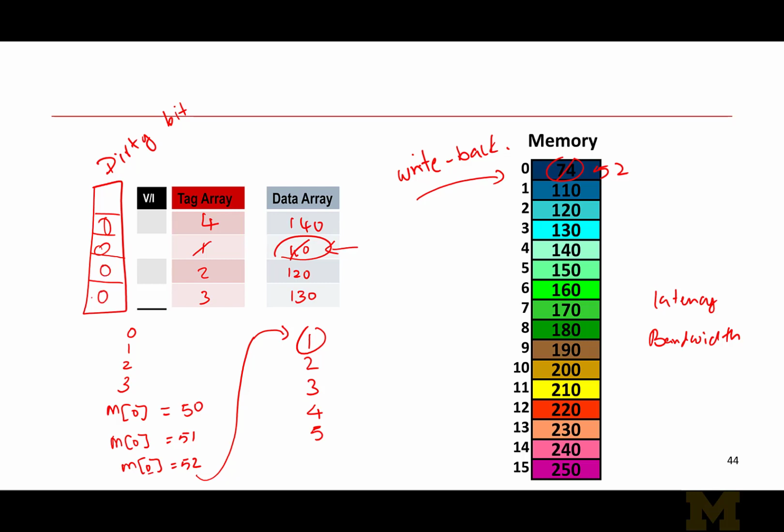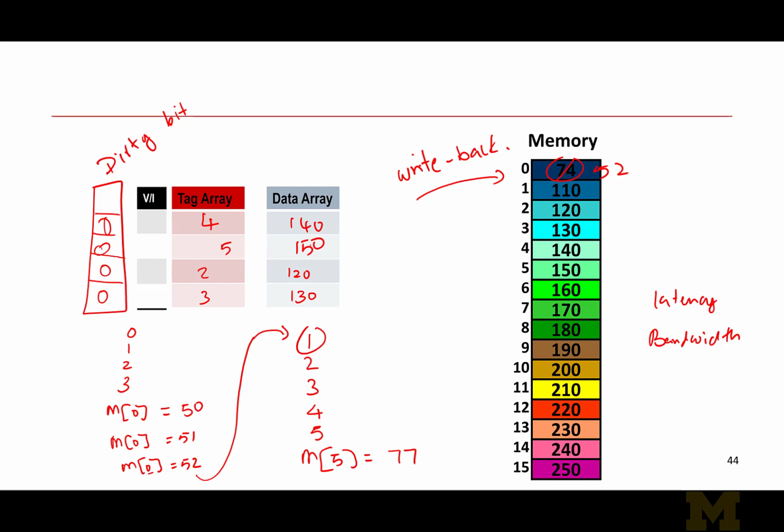And when I have a store, let's say in this example, I have this address 5, that's 150. So let's say I happen to write to this address. Let's say the value is going to be 77.